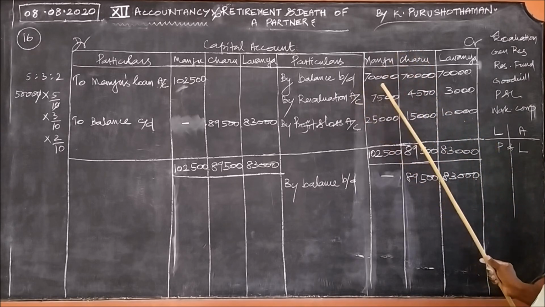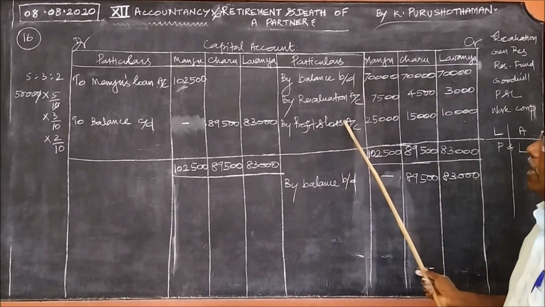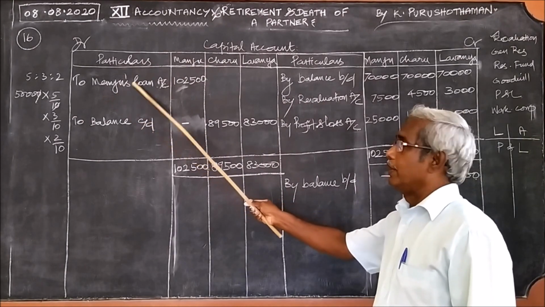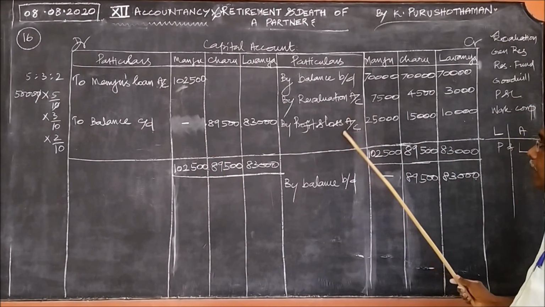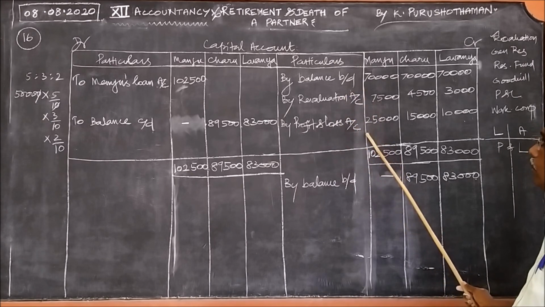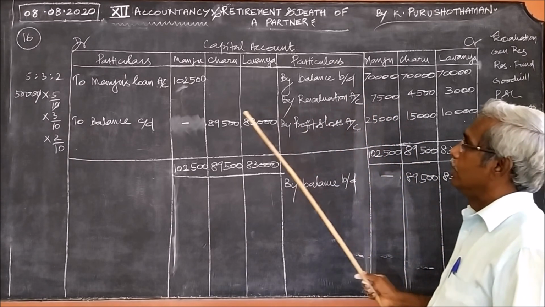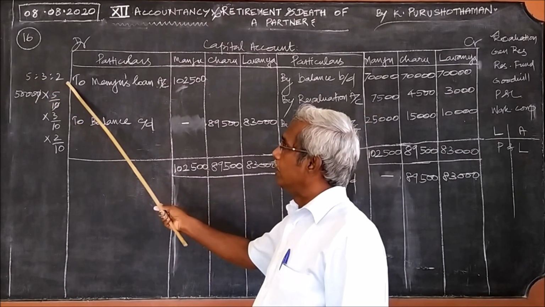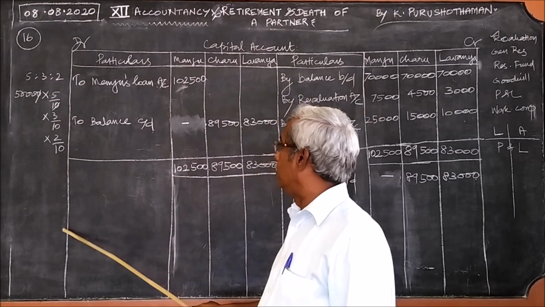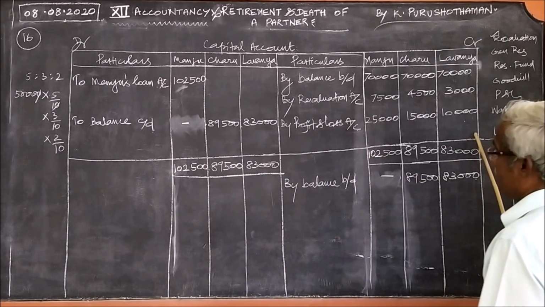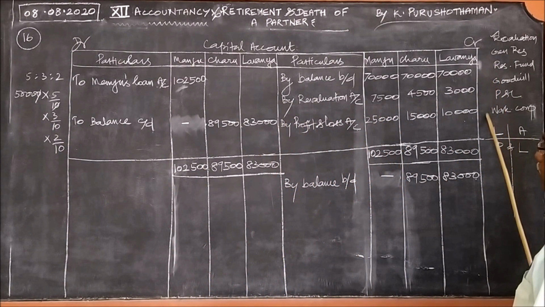Profit is therefore it should be credited. If it is loss, it should be written there to profit and loss account. Here it appears on the liability side, it is profit. Therefore, by profit and loss account, that amount of 50,000 should be divided in the given ratio, 5:3:2, 5/10, 3/10, 2/10, divided and written. No other item is appearing in the problem.